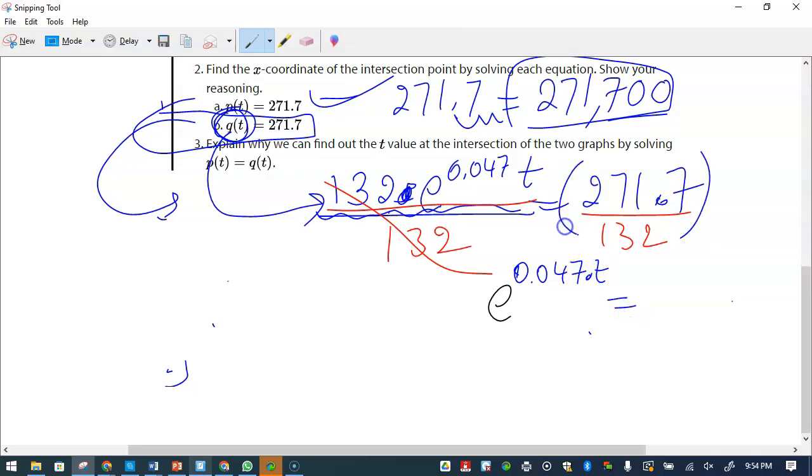Now you can find this answer on the calculator. The best is to write in the 4 place decimal. So using the calculator, you get that.